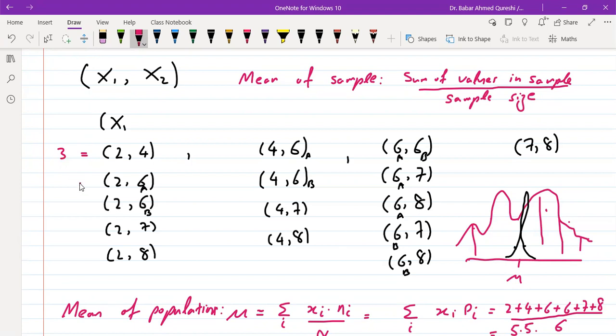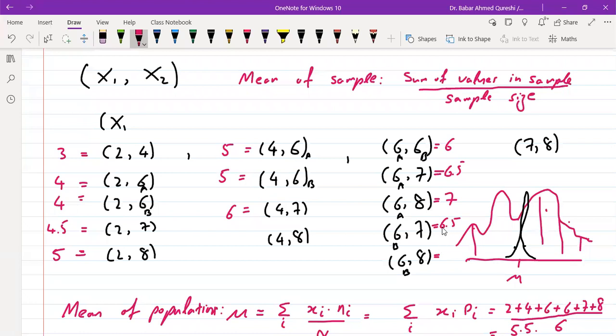Over here, it's 4, 4, 4.5, 5, 5, 5, 6, 6, 6.5, 7, 6.5.